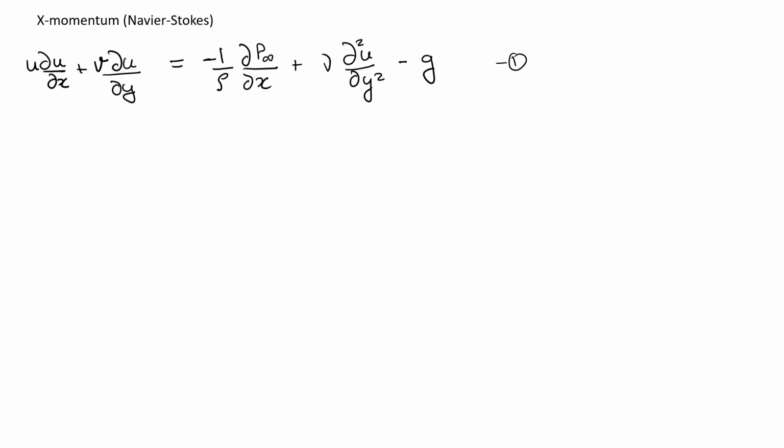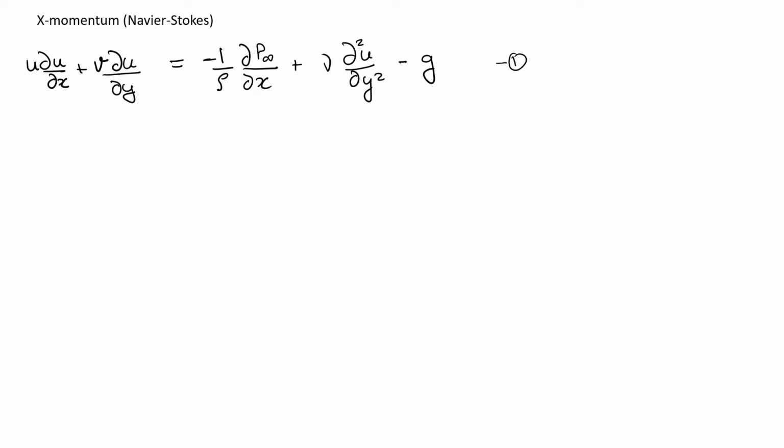In this particular slide we will be focusing on a fancy looking version of conservation of momentum, or a fancy looking version of Newton's law. It looks something like this, where you have u times del u by del x plus v times del u by del y.